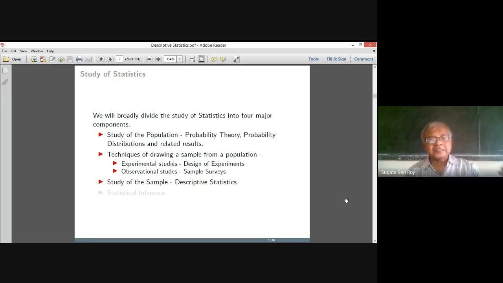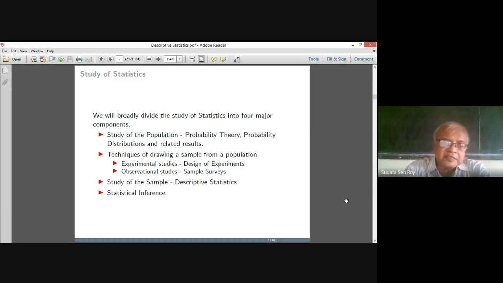So the first is the study of the population. Then we define methods of collecting data from the population, and having collected the data, we have a sample, and then we study this sample. It's referred to as descriptive statistics. And finally, we do the statistical inference part.